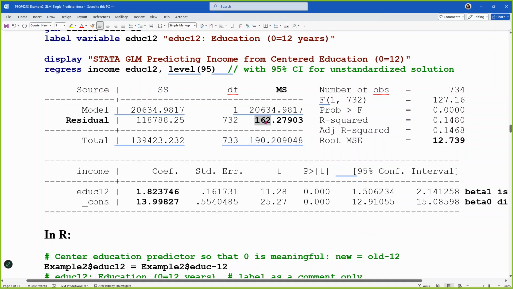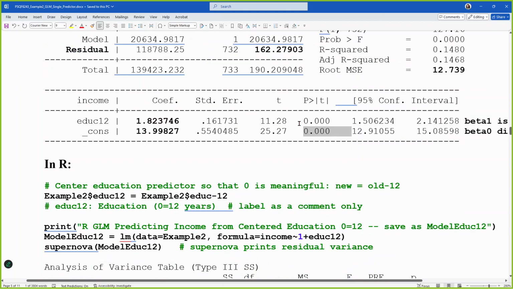So to answer the question, did the 190 decrease significantly when it decreased to 162, meaning more than would be expected if there was really no population relationship? We would go to the significance test for that new slope, which is right there, because that's the new thing. Nothing else happened that made it different. That new slope is what made it happen.